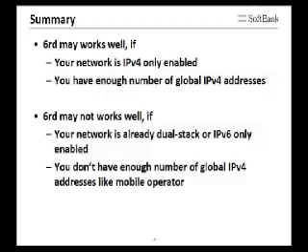So I think 6rd may work well if your network is an IPv4-only network, and also you have enough global IPv4 addresses. Sorry, I made this slide at breakfast, so I forgot one important point. Also, you should be able to control the software of each subscriber's CP router.